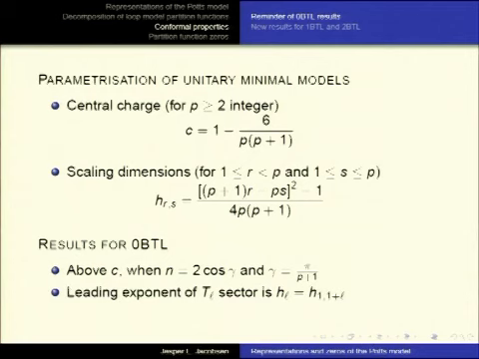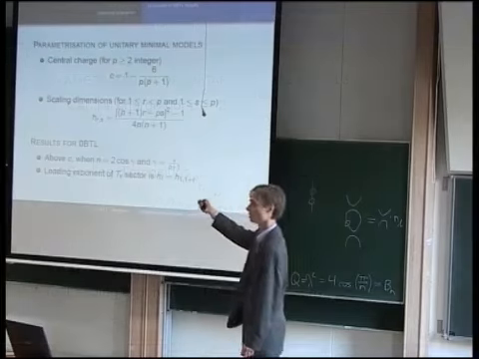If I put the weight of a loop, so square root of q equals 2 cosine gamma, and gamma is pi over p plus 1, p an integer, the leading exponent, the most relevant exponent describing the sector TL of the transfer matrix, is h_L equal to h_{1,1+L}, given by this formula here.